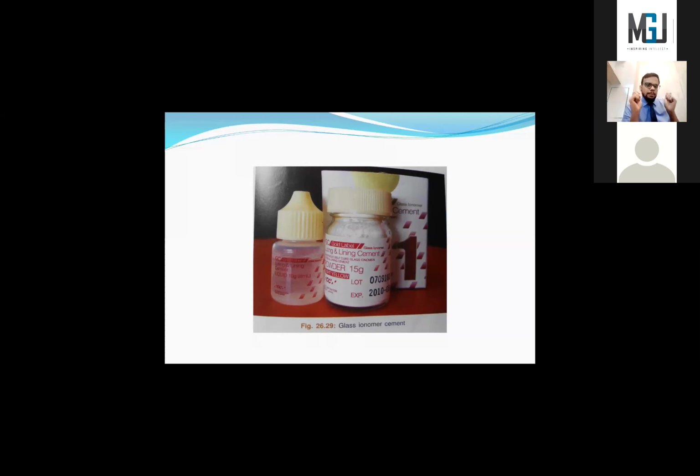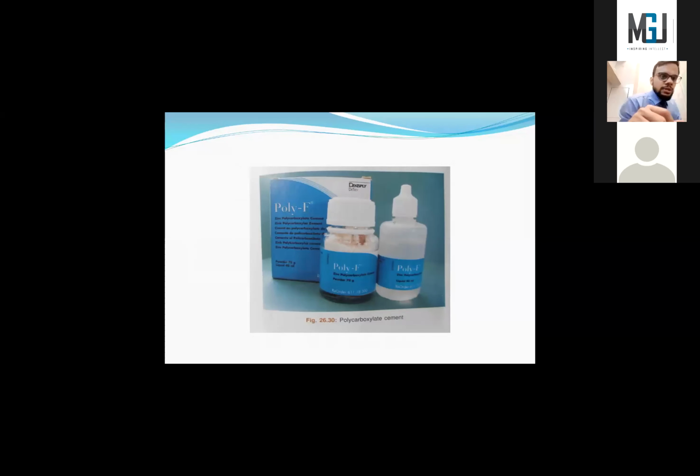The only problem is whenever you use a luting agent, you are going to have a cement interface. Remember, you've not achieved the monoblock principle that I spoke about. In the monoblock principle, it all is in one unison. Here you have a cement junction in between, which is going to be your weak link always. But amongst the cementation, this is your cement of choice. That's the glass ionomer cement.